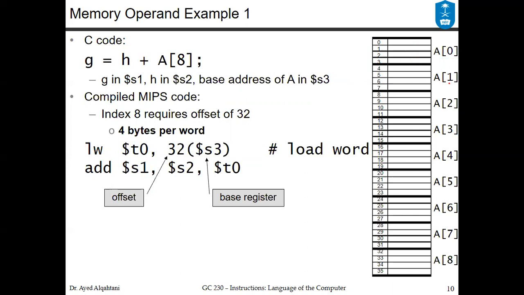We do the same thing for all the variables. Now you can see that A0 starts at location 0, A1 starts at location 4, and A2 starts at location 8. So you know that every time we are multiplying by 4.